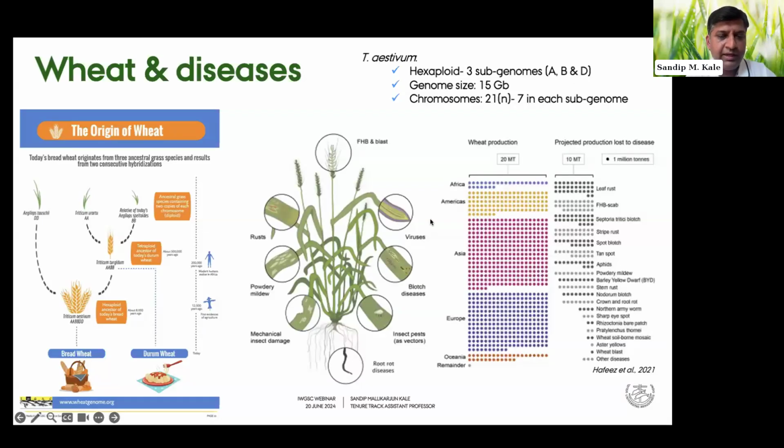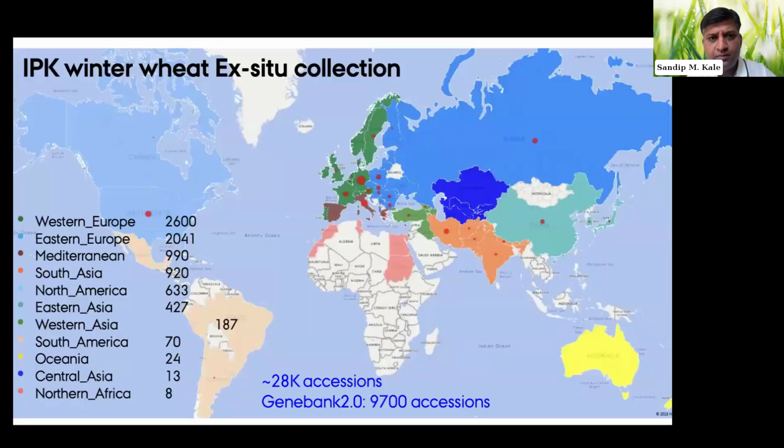Wheat is a really important global crop, providing 20% of calories and protein requirements. But wheat yield is also severely affected by different diseases, mostly caused by fungal pathogens. So there is a need to identify genes which can act against these diseases and improve the yield.